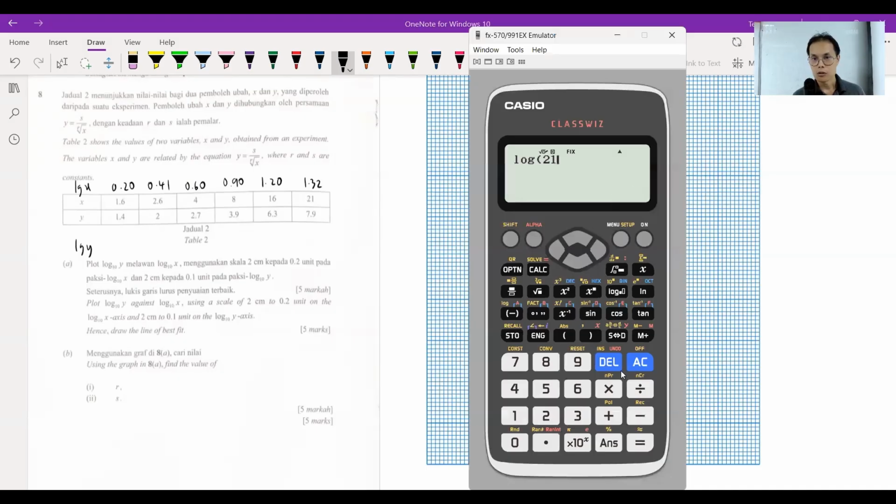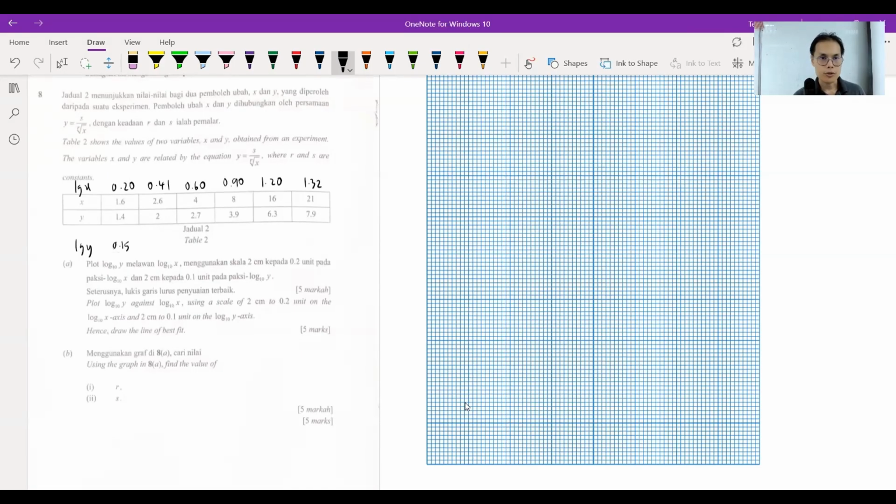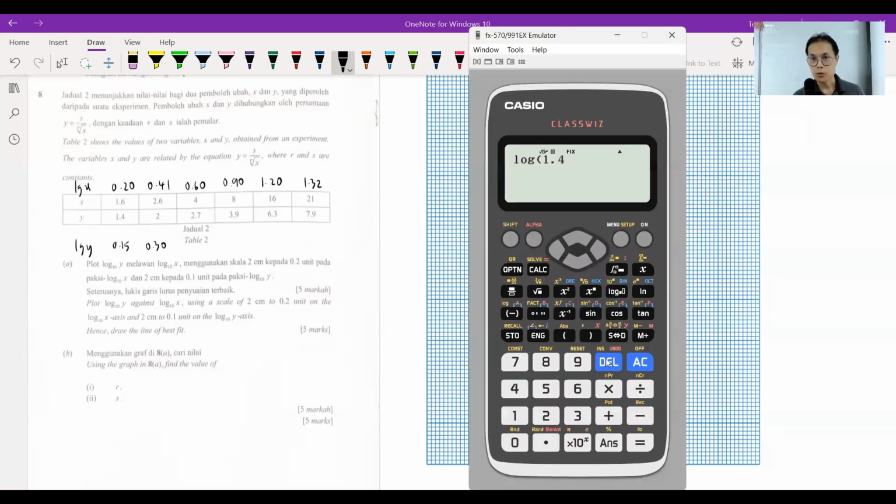Log 1.4. This will be 0.15. Okay, log 2 is 0.3. Yeah, I can show you here. Log 2 is 0.3. Next, log 2.7. This will be 0.43.